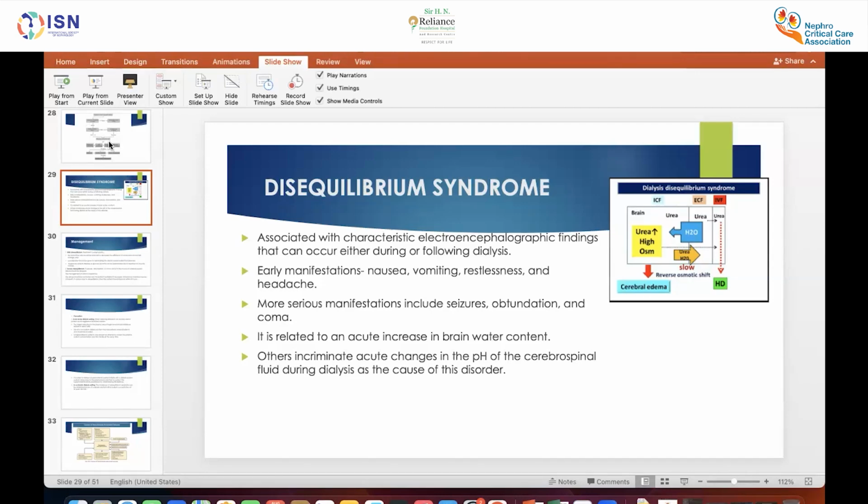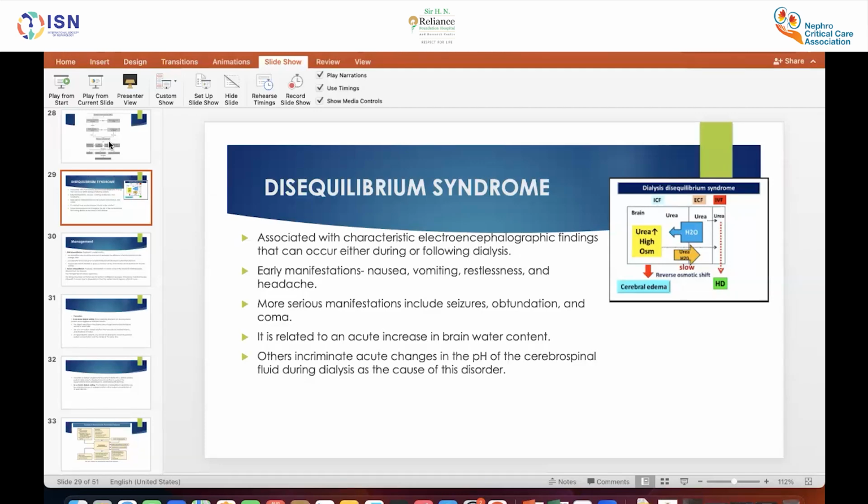So whenever a uremic patient is there with a high urea value, the urea concentration will be equilibrated in the intracellular fluid as well as the extracellular fluid. And intracellular fluid and extracellular fluid, as you know, will be 2/3 and 1/3.